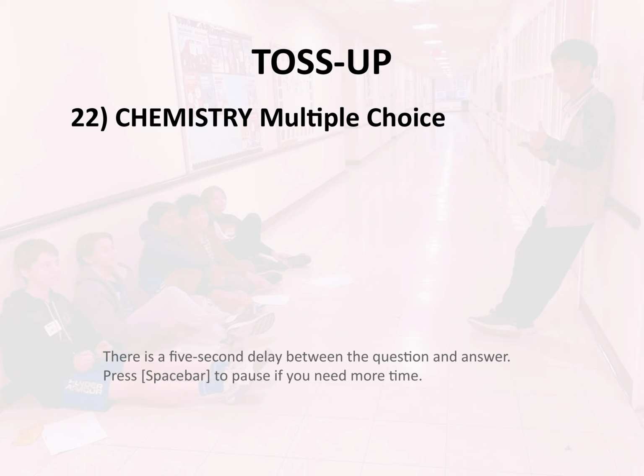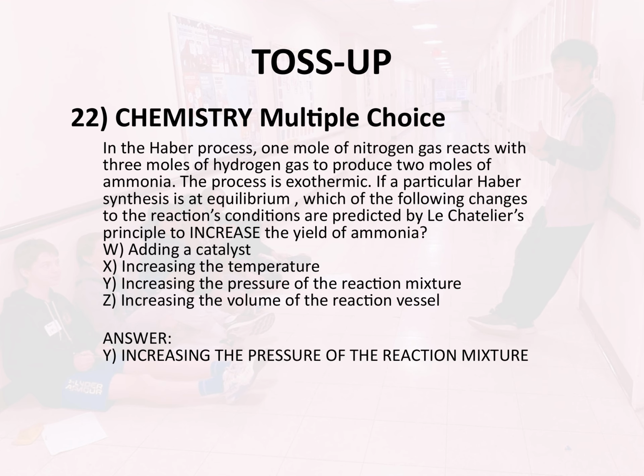W. Adding a catalyst. X. Increasing the temperature. Y. Increasing the pressure of the reaction mixture. Z. Increasing the volume of the reaction vessel. Answer: Y. Increasing the pressure of the reaction mixture.